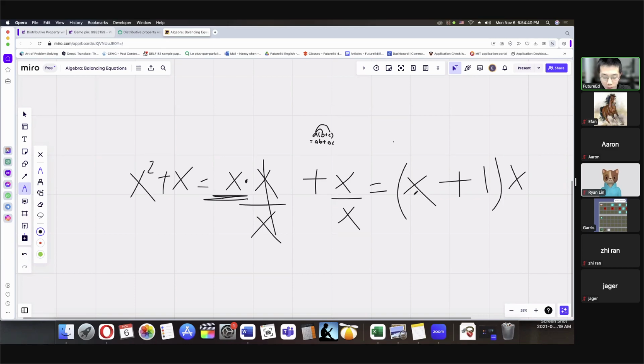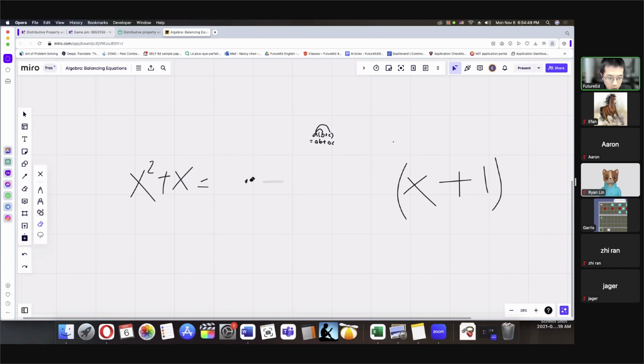To factor x squared plus x, the greatest common factor was x, so we take out an x by dividing them both by x to get x times x plus 1. We find the greatest common factor, and then we take that out. So x times x plus 1 equals x squared plus x.